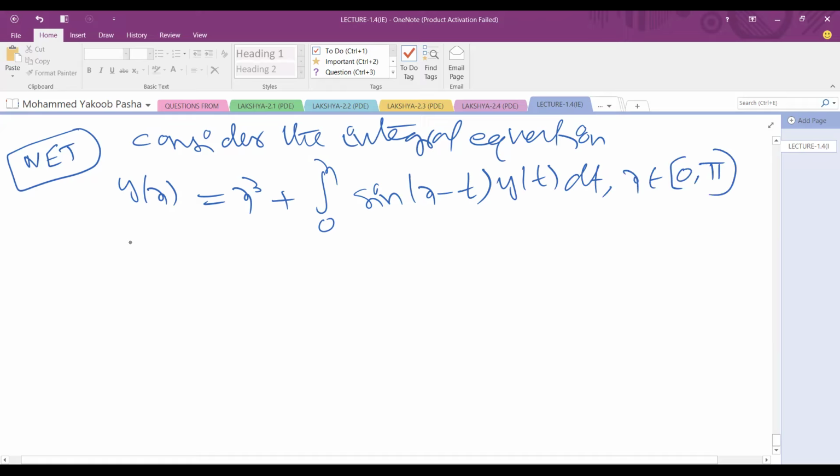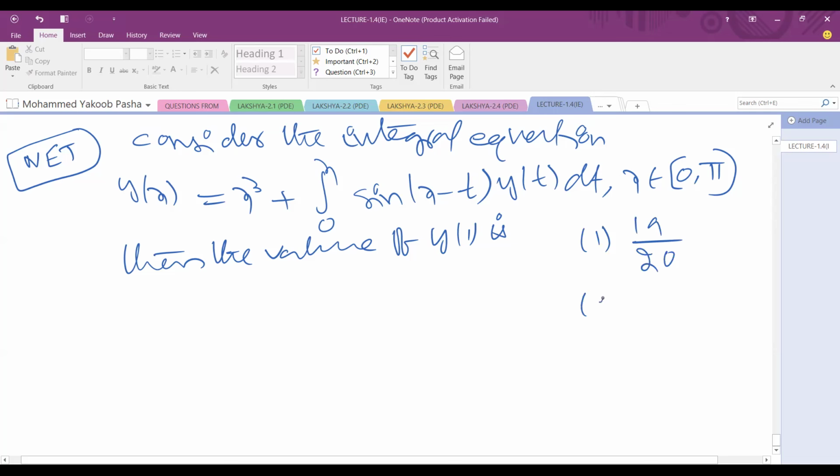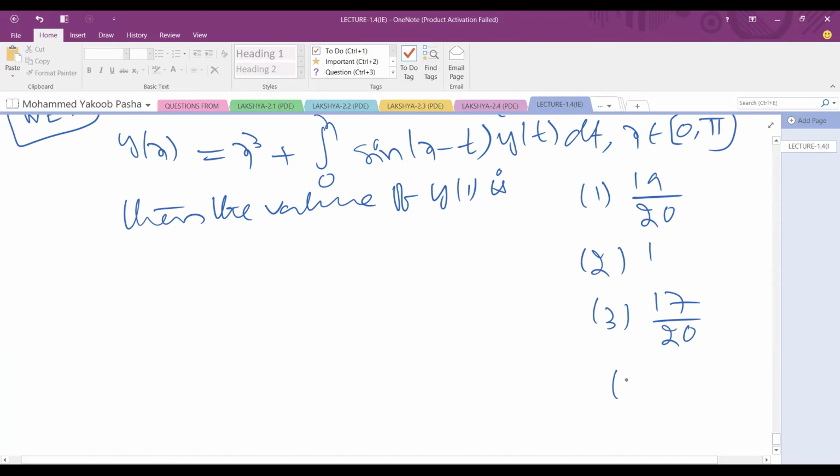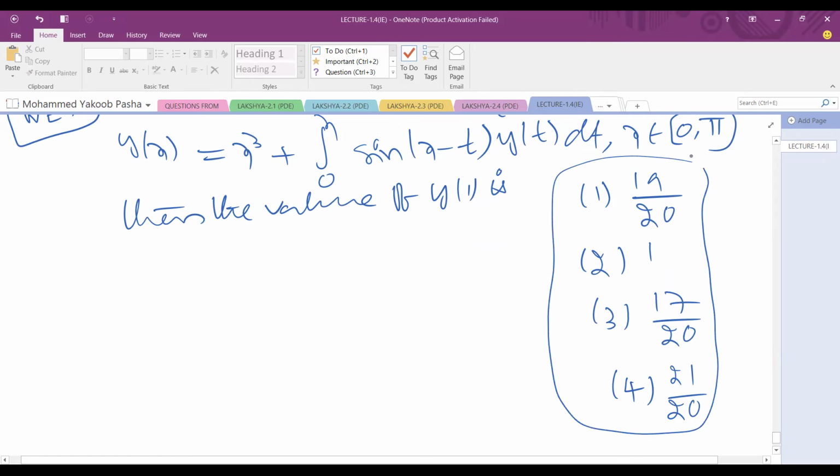Then the value of y of 1 is. We have options here. First option 19 by 20. Second option 1. Third option 17 by 20. And fourth option is 21 by 20.